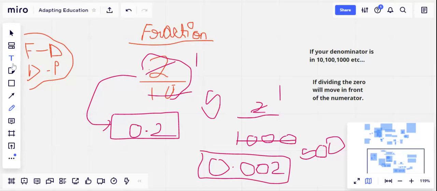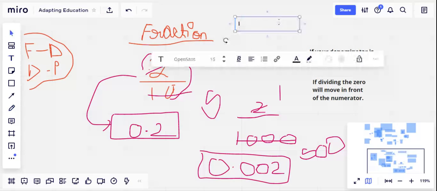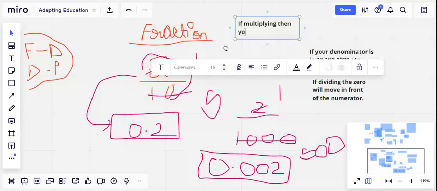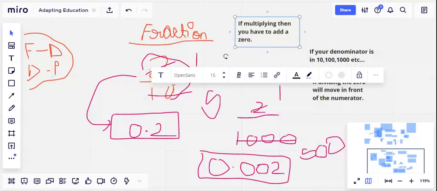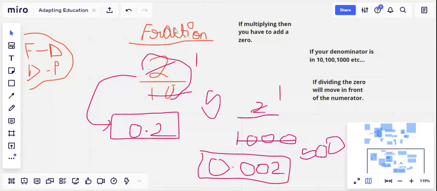Now if we are multiplying, then you have to add a zero. What does this mean? If we are multiplying 2 with 10, instead of saying 2 ones are 2, 2 twos are 4, you can just add a 0.